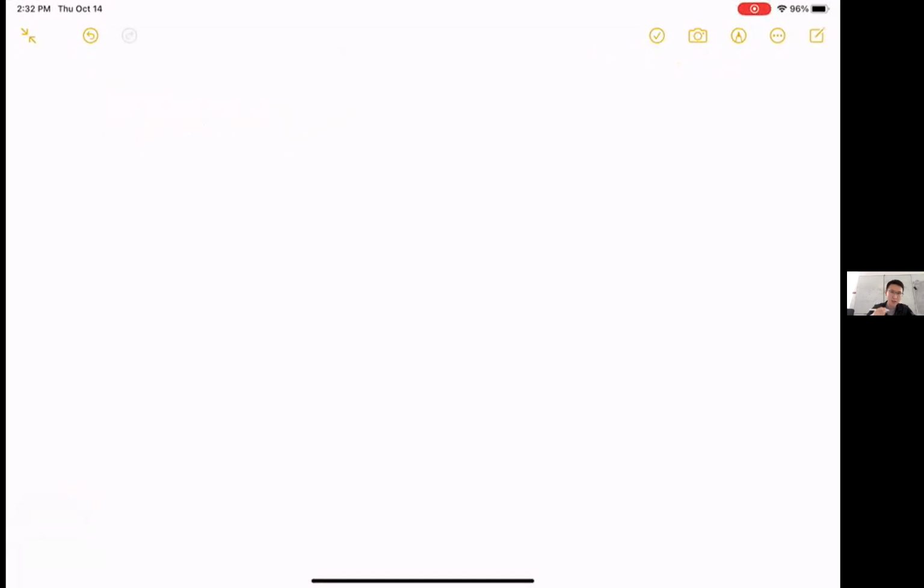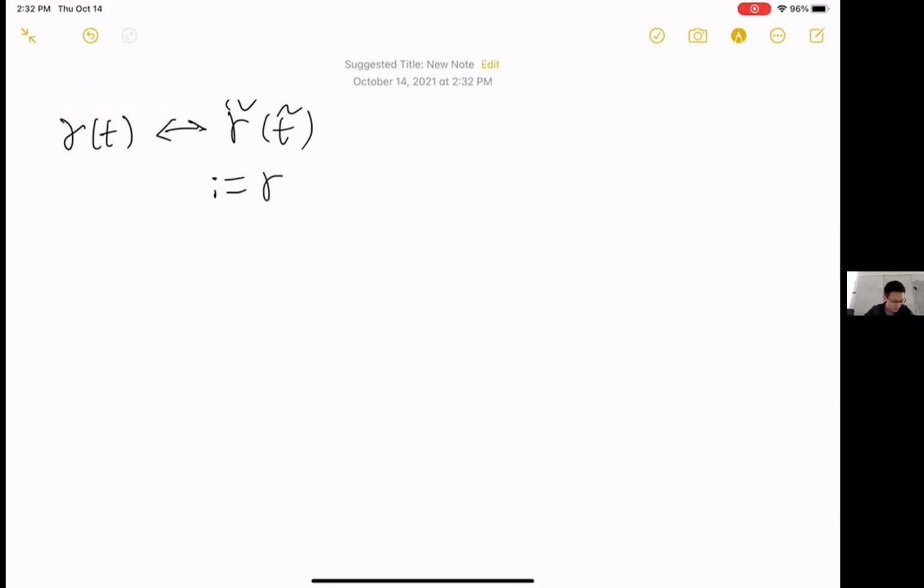Okay, let me quickly rewrite what was on the board. We have this gamma of t, and we are trying to say there is another parameterization using gamma tilde of t tilde. For this gamma tilde of t tilde, we define it as gamma of phi of t tilde.